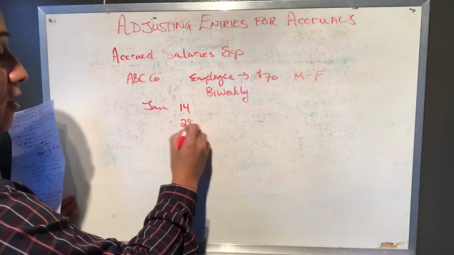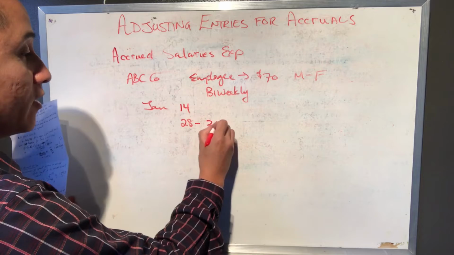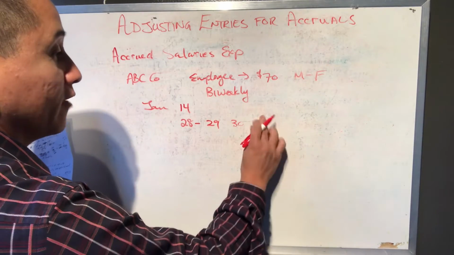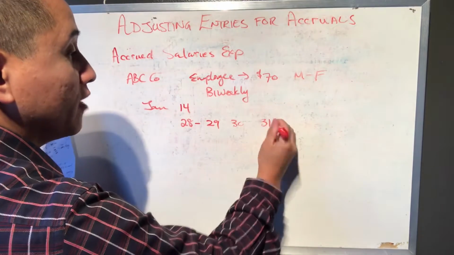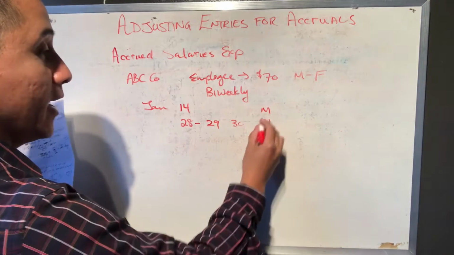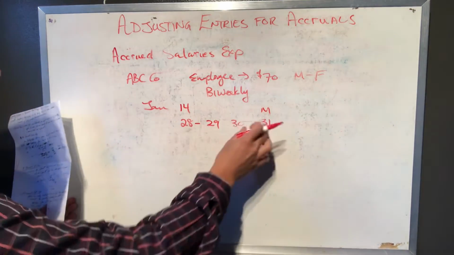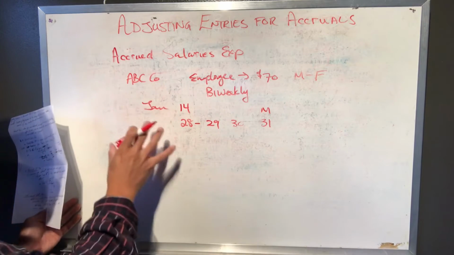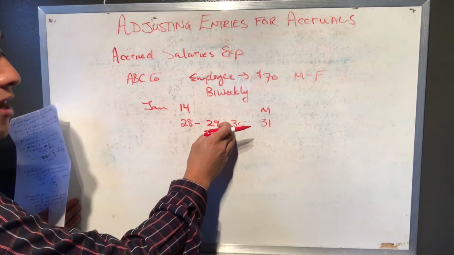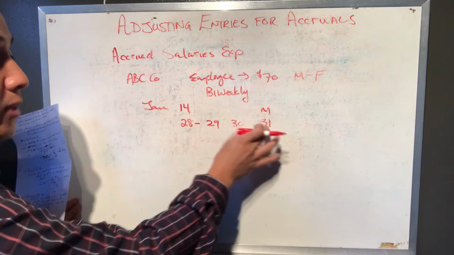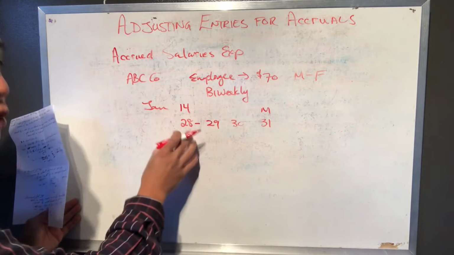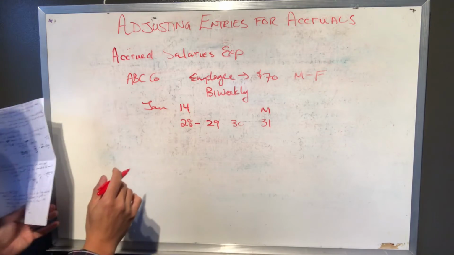So if this is on a Friday, the 29th is a Saturday, the 30th is a Sunday, and therefore the 31st would fall on a Monday. But because this was earned in the period of January, even though it did not meet the cutoff of the bi-weekly, we want to accrue this so that it belongs to January. Okay?